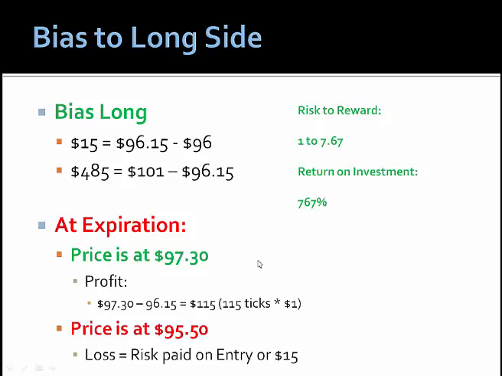It was $1 of risk to $7.67 of reward. If you're looking at your return on your investment, you actually increased your investment by 767%. Of course, if you had wanted to exit early, you also had that option on the spreads.